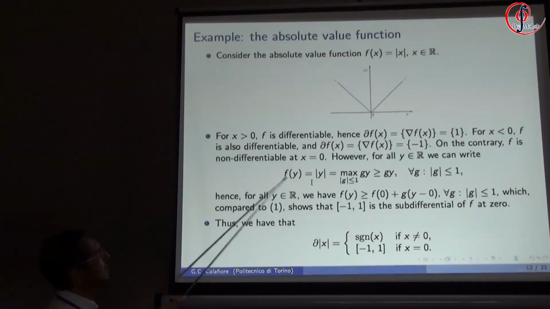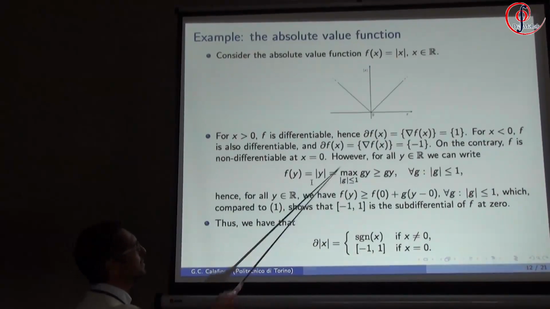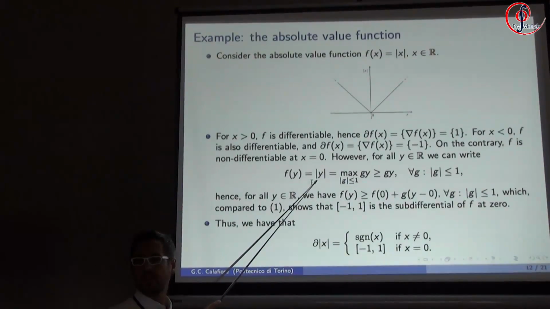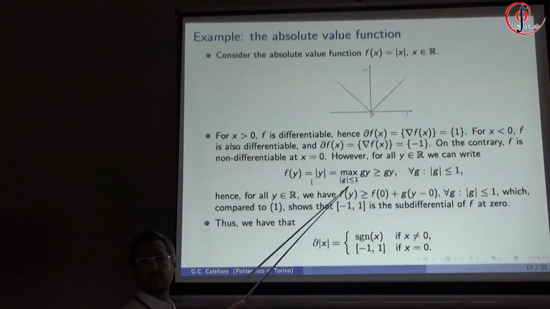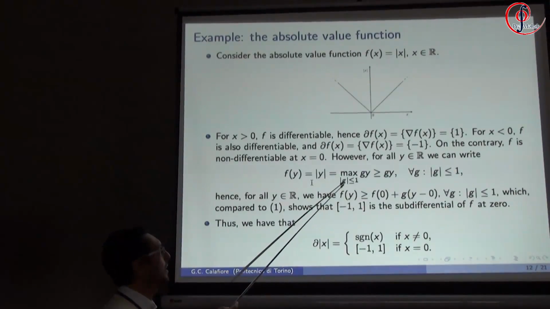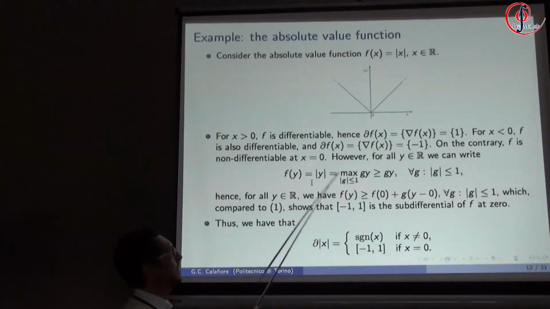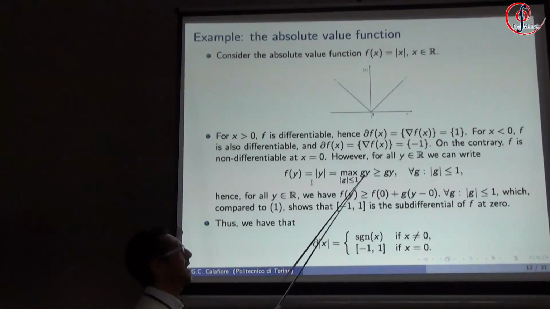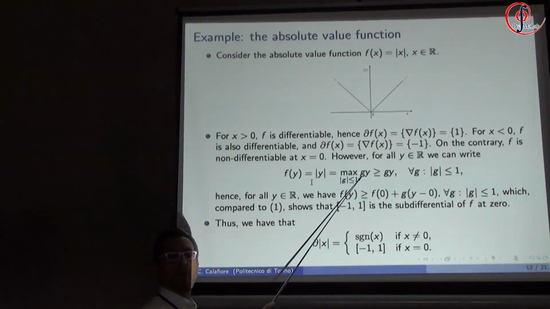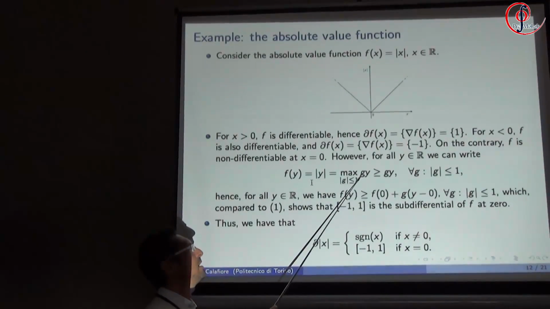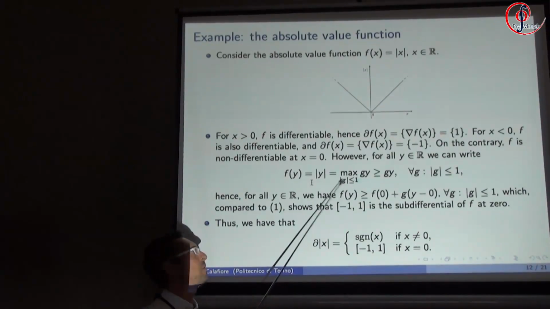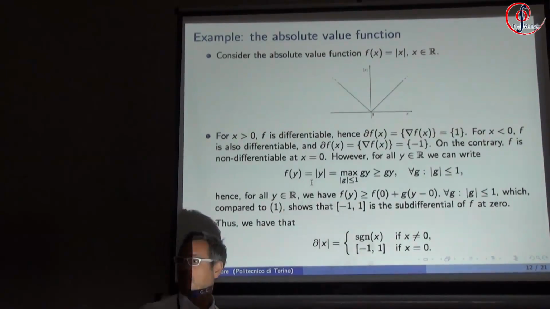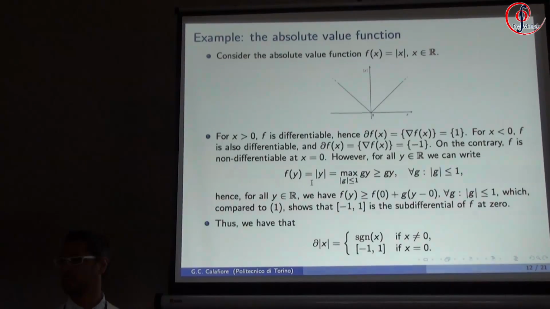So we write the absolute value function. We use this trick of expressing the absolute value as a max. The absolute value of x can be written as the maximum of the product of y times a number g which is bounded in absolute value by 1.